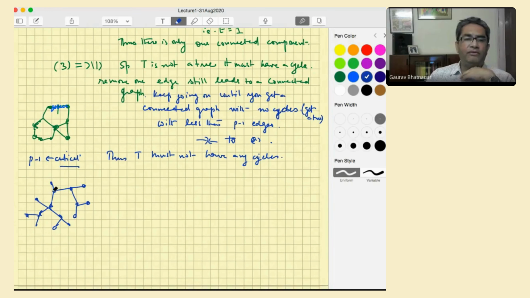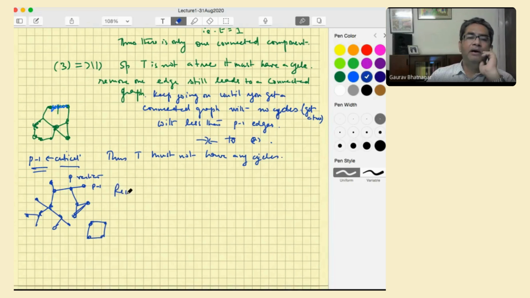If you have P vertices and it's connected and so on, then if it's a tree, it will have P minus 1 edges. And as soon as you have one extra edge, there must be a cycle. Anytime you have P edges. So what is the minimal, if you look at a cycle?